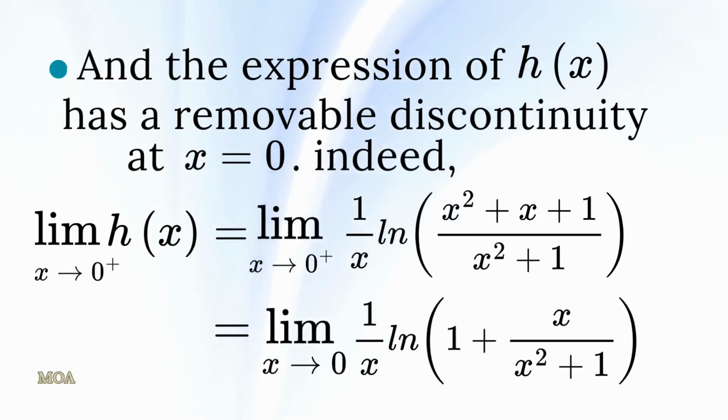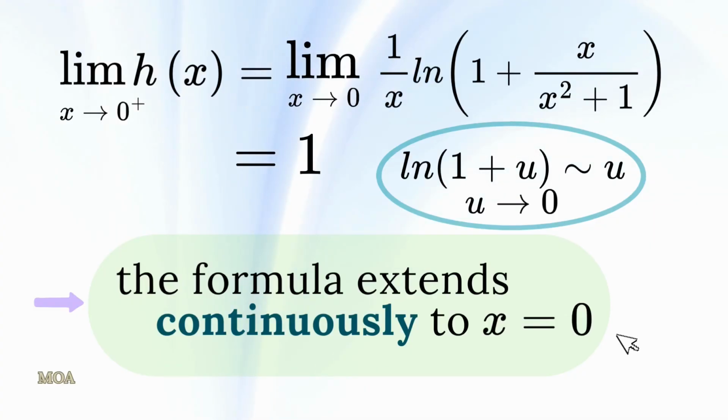Now consider the limit of h of x as x approaches 0 from the right. We can write the logarithm as natural logarithm of 1 plus x over x squared plus 1. Using the approximation, the natural logarithm of 1 plus u is approximately equal to u when u is near 0, we find that h of x behaves like 1 over x times x over 1, which is 1.